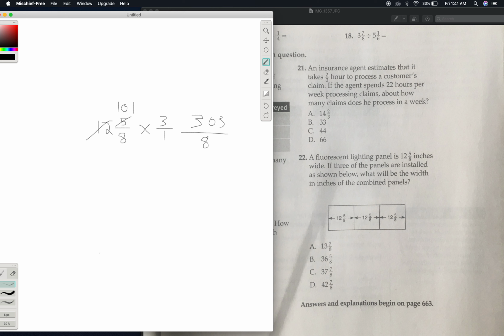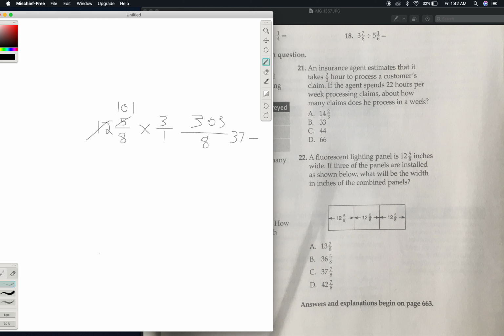Okay, so now we have to see how many times 8 goes into 303. So 303 divided by 8, okay, it goes in there 37 times. So 37, but there is some remaining. So let's see, 37 times 8 equals 296. So we need to see 303 minus 296.